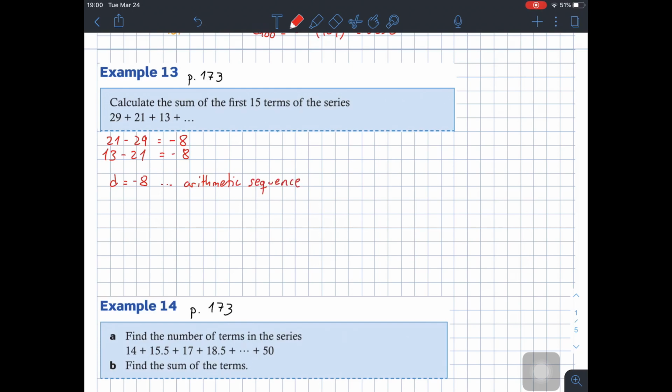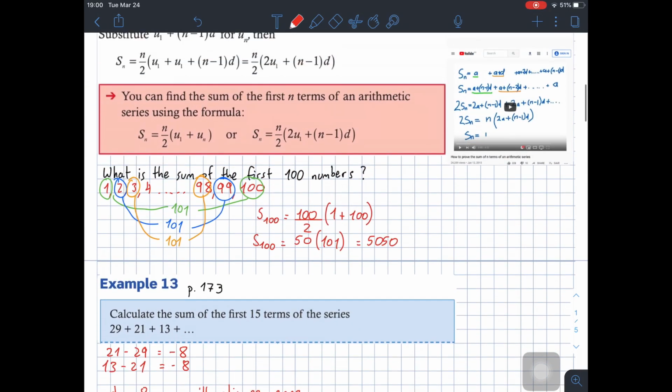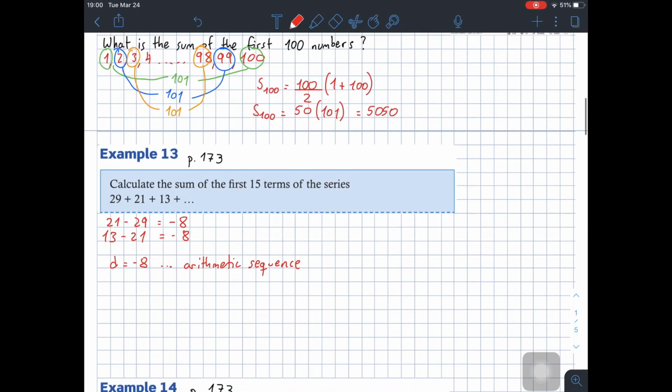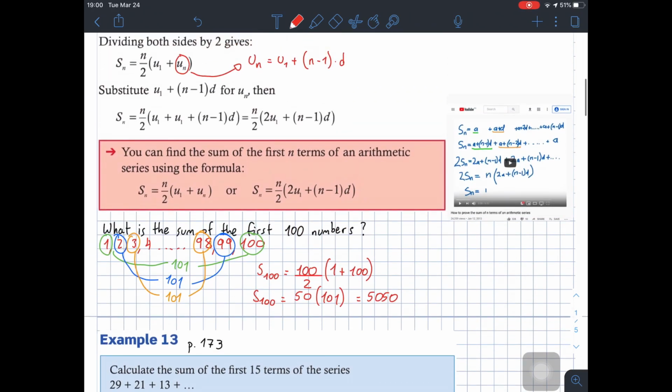So now that we know that this is an arithmetic sequence, we can apply the formula we just saw, or maybe this one, in order to determine the sum of the first 15 terms of the series. You see that in this case, we don't have the last term, which is un, right? So we will not be able to apply this formula unless we first calculate un and then use the formula.